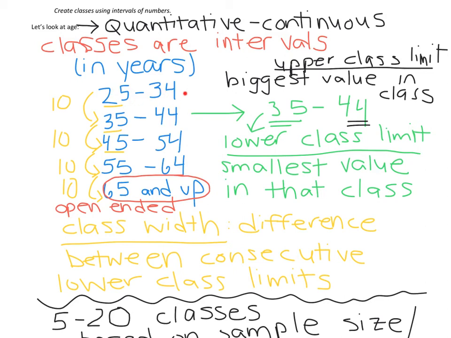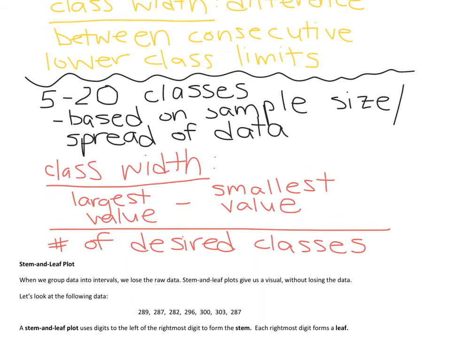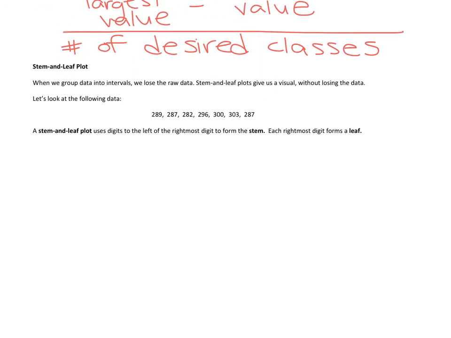But when we just see the result, we lose the raw data. If we just say there's 4 individuals in this class, we don't know how old they actually are. So when we group data into classes with intervals, we lose the raw data. The stem and leaf plot fixes that. It gives us a visual without losing the raw data.